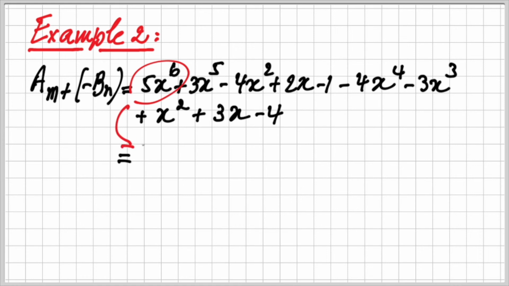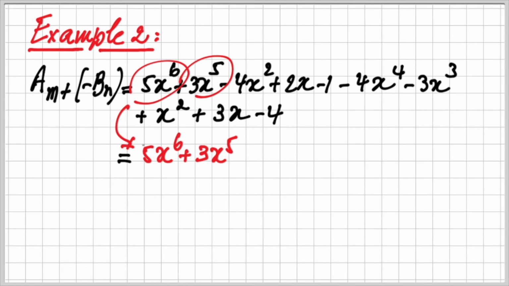So first we find 5x to the power 6. The order of a is larger than the order of b, so there is no term from b that we add here. 3x to the power 5, there is no term of this power in b, so we just put it here, 3x to the power 5.